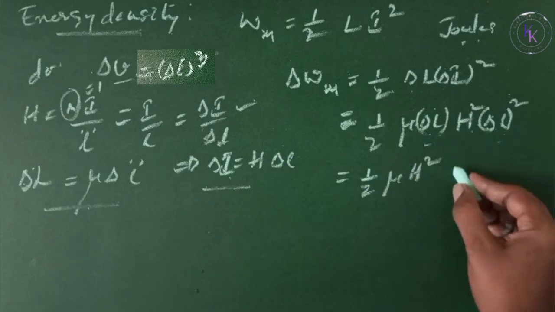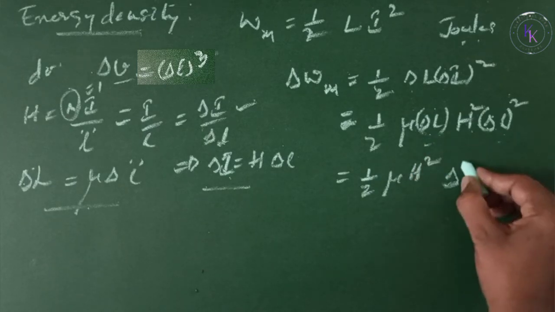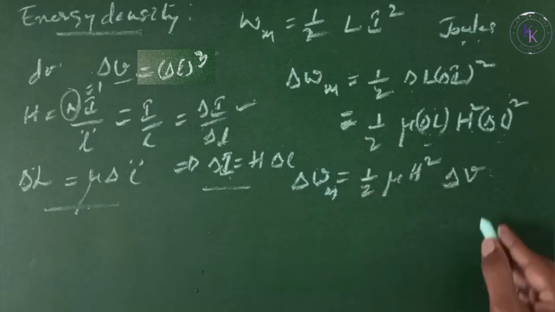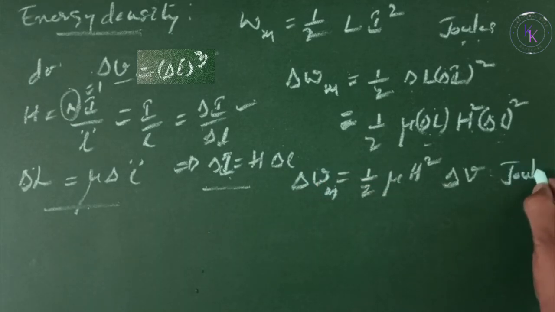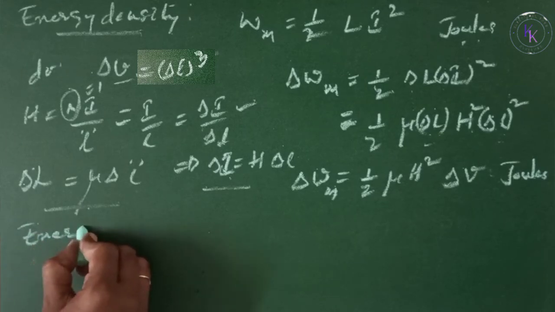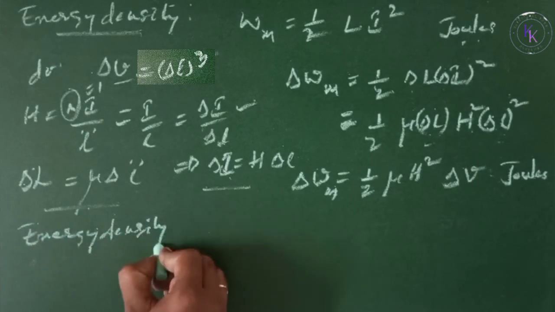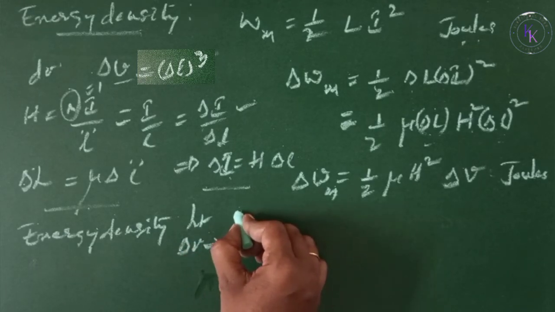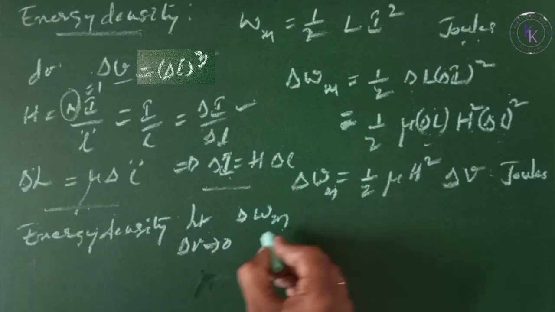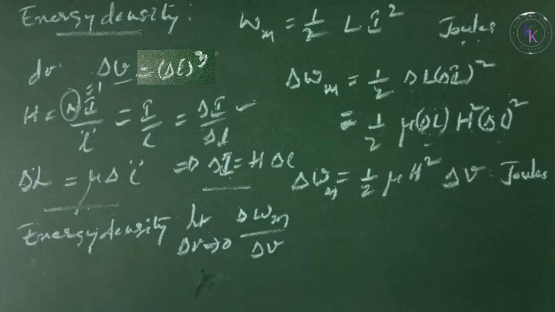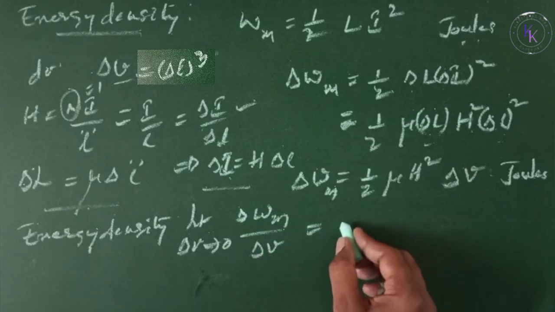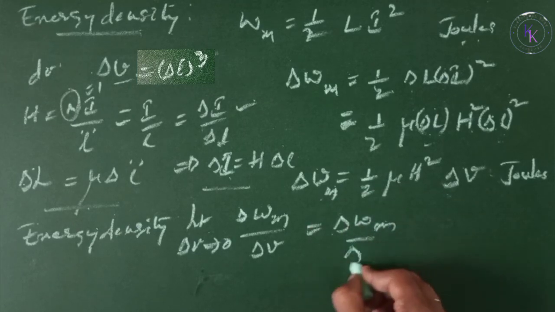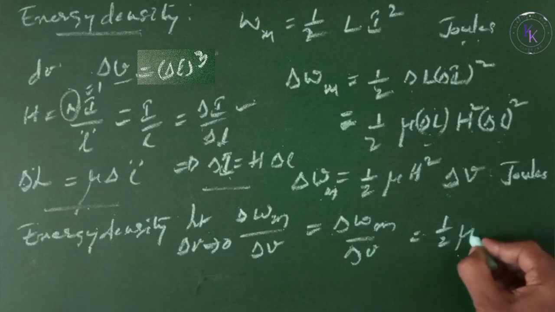Delta l into delta l square is nothing but delta l cube, which is nothing but delta V, the volume. This is in joules. Energy density is given by the limit as delta V tends to 0 of delta Wm divided by delta V. When you apply that to this equation, delta Wm divided by delta V is nothing but half mu H square.